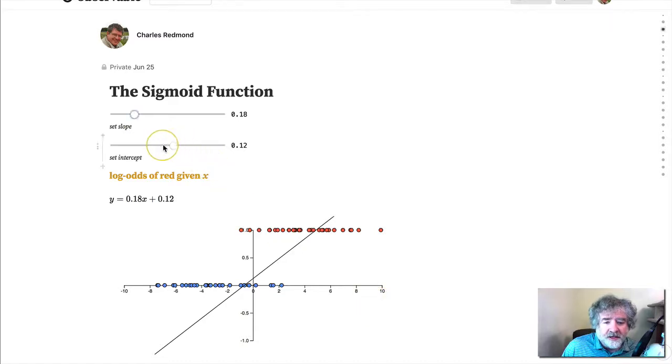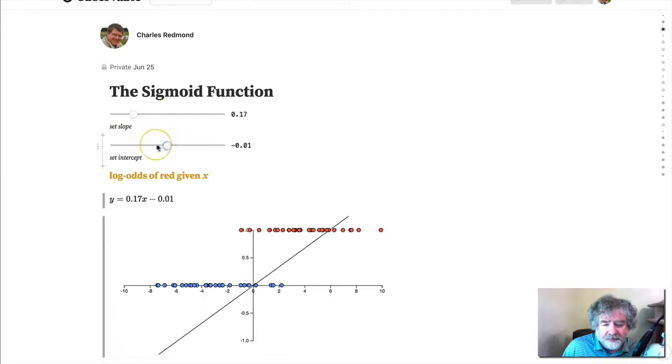And I have the sliders here which allow us to move the intercept around, and move the slope around, and so forth. And we also have the equation of this straight line, which represents the log odds.